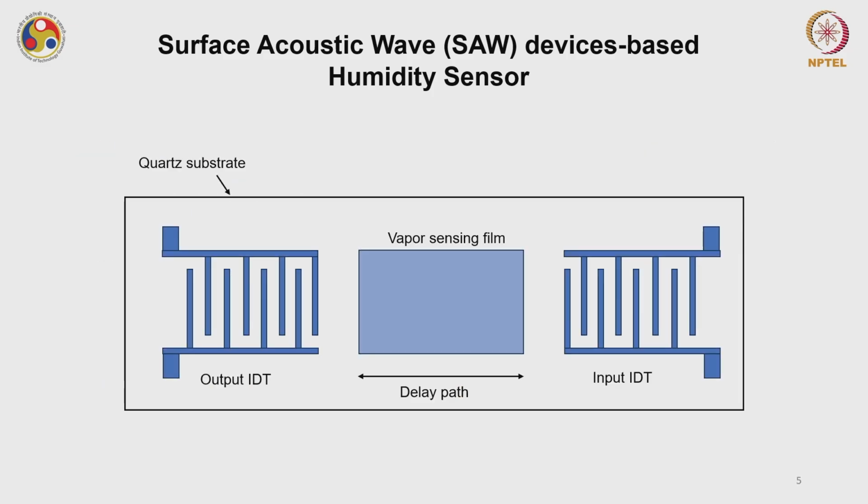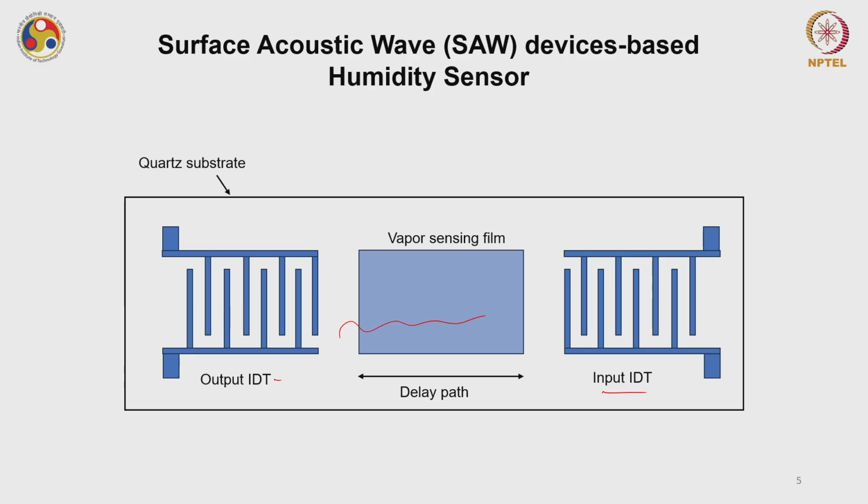This is a schematic diagram for a SAW sensor. You can see that you have a quartz substrate, on which you have this vapor sensing film through which the sound wave will propagate. This is the output IDT and this is the input IDT. One acts as a source of the sound wave and one acts as a receiver.